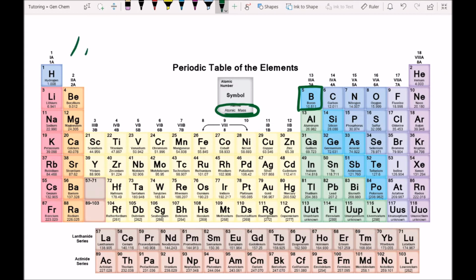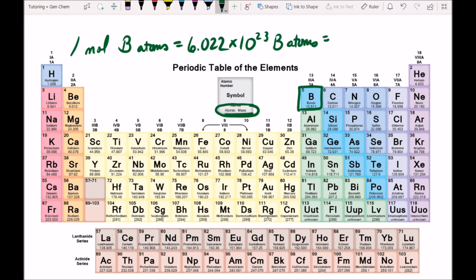So let's work through this. 1 mole of boron atoms is equal to an Avogadro's number of boron atoms. So that's 6.022 times 10 to the 23rd boron atoms. And from the periodic table, we can see that 10.811 is the relative atomic mass of boron, and that means that 1 mole of boron atoms is equal to 10.811 grams of boron atoms.